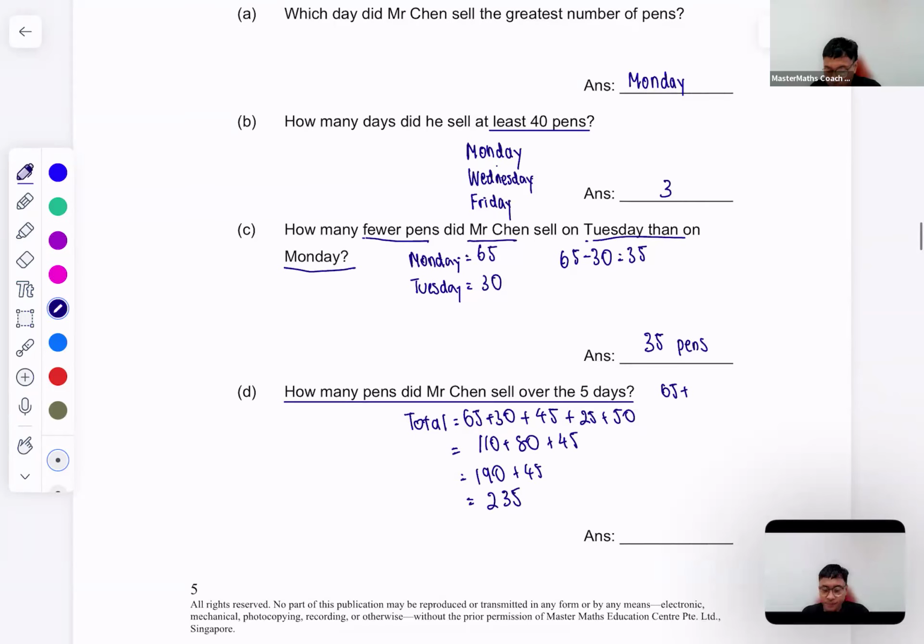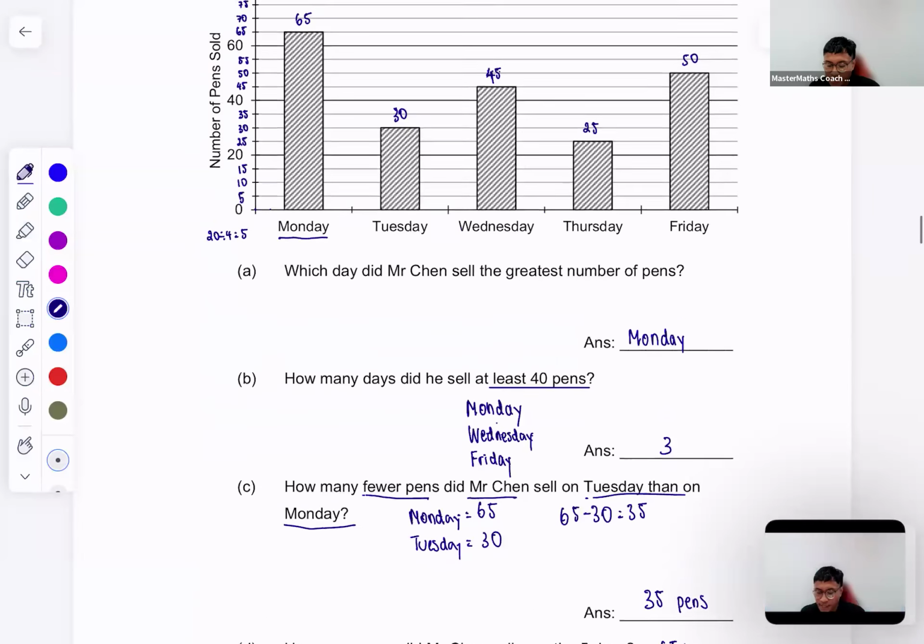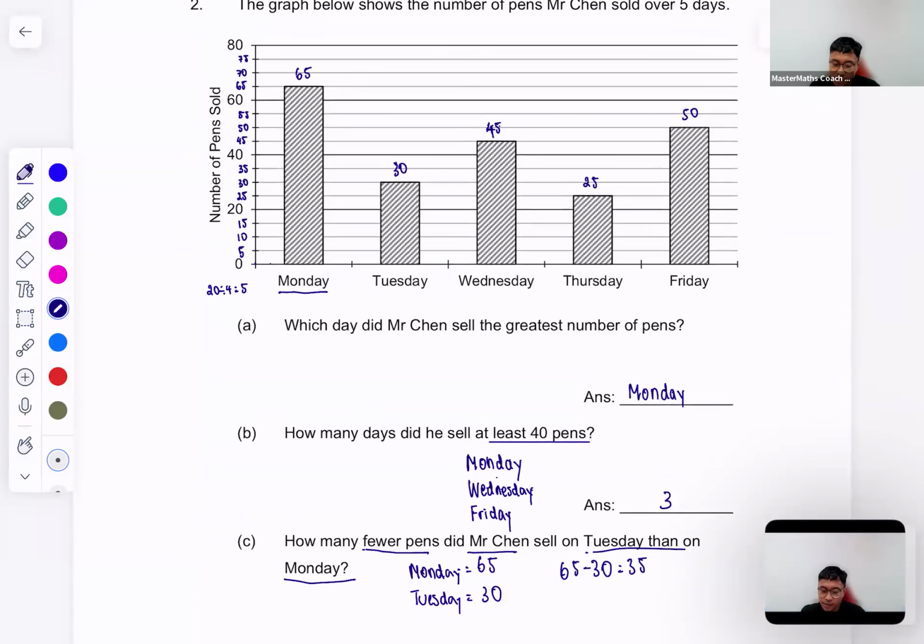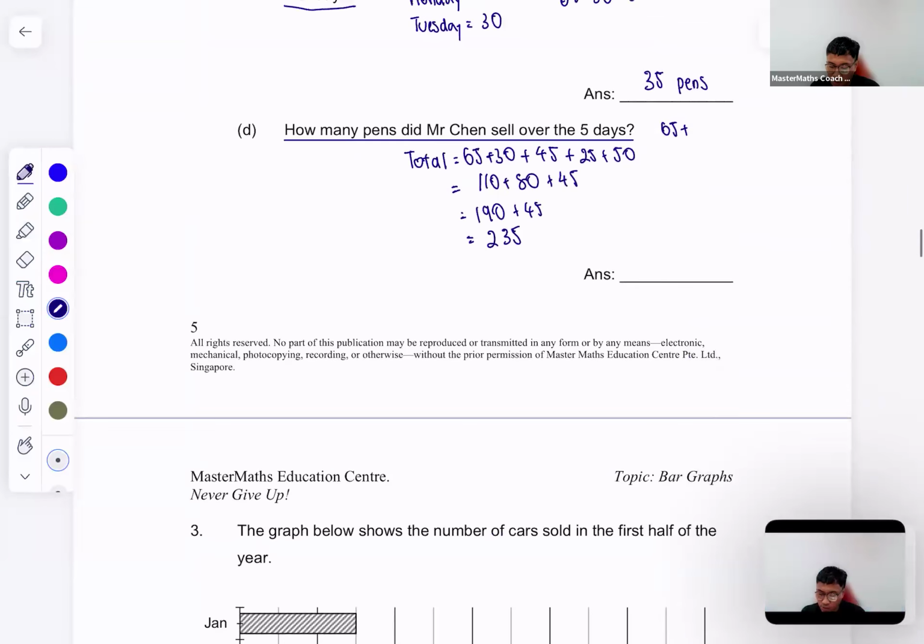What answer do you get? Sorry, you are muted. 155. 155 again. I ask you to do your sum again and see if you can get 235.